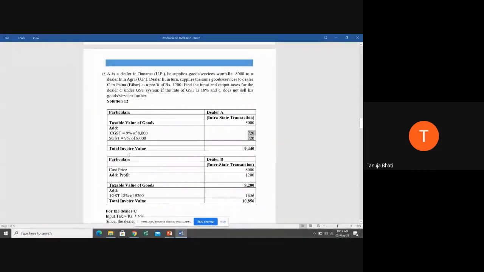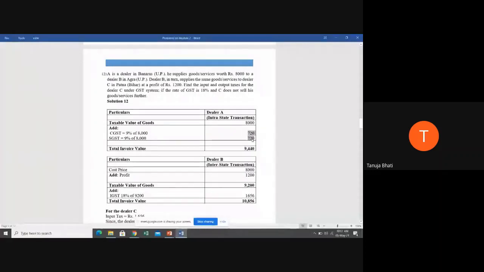Now let us see dealer B. Dealer B further sells it to dealer C. So the cost price here for dealer B is going to be 8,000 rupees and not 9,440. Again, I'm repeating, because if he takes 9,440, it will be tax on tax, as you are going to charge tax on that tax.